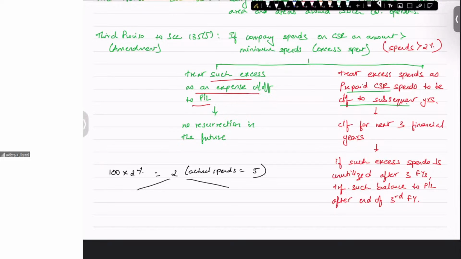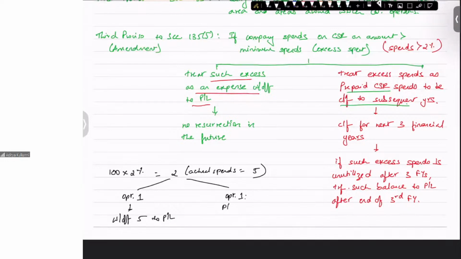Now, if you have spent more than 2%, you have two options. Option one, write off 5 to the P&L and finish it off. You have exhausted it. So this is the first option. The second option is I will carry forward 3.